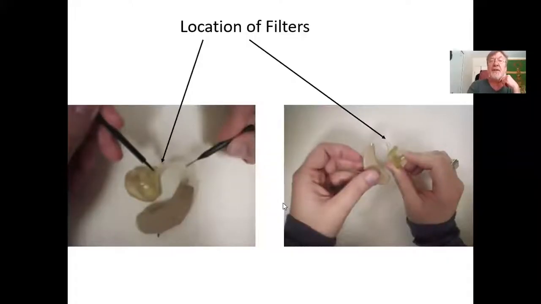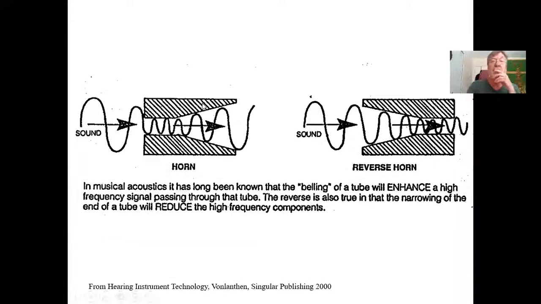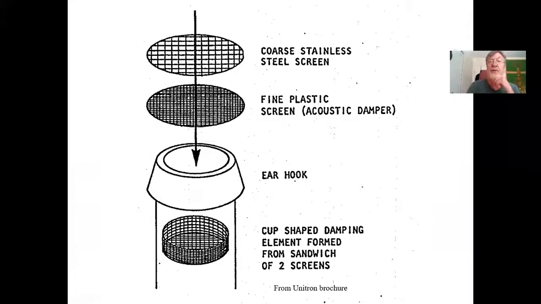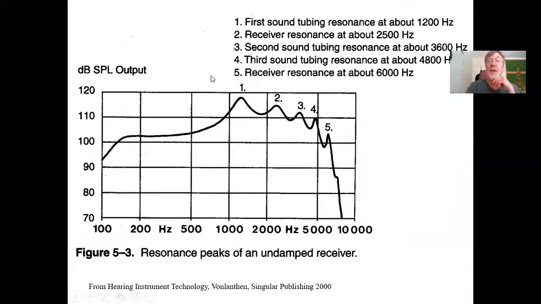Filters are actually tiny little screens. So if I share screen, I'll show you. Speaking of screens, okay? Hang on. Here, screens. That's a filter. Filters were meant to dampen the peaks. Here's a frequency response of a fictitious hearing aid. Just a fictitious hearing aid, okay?